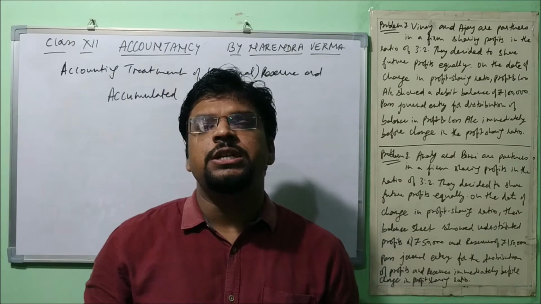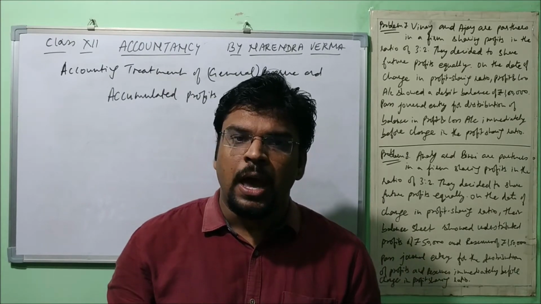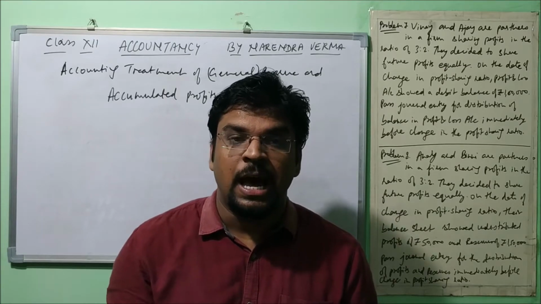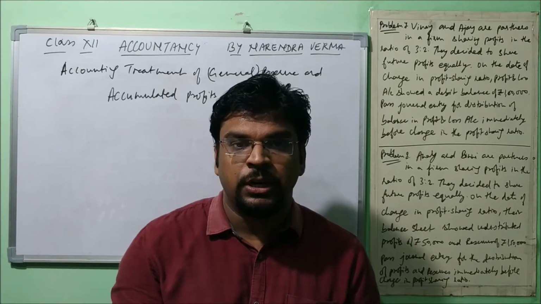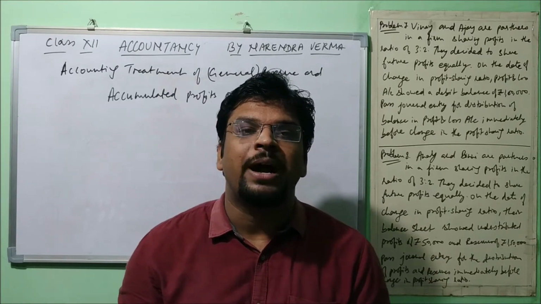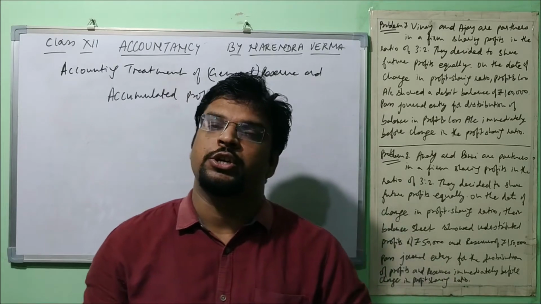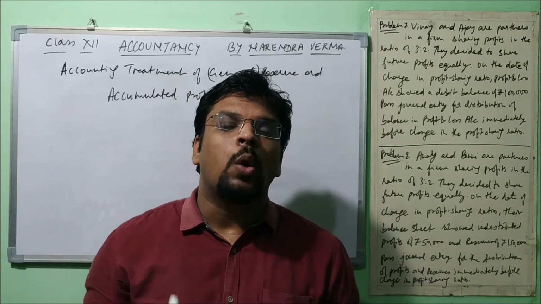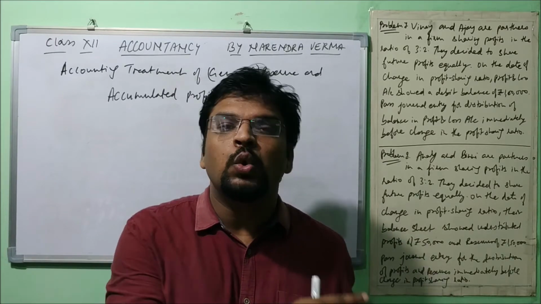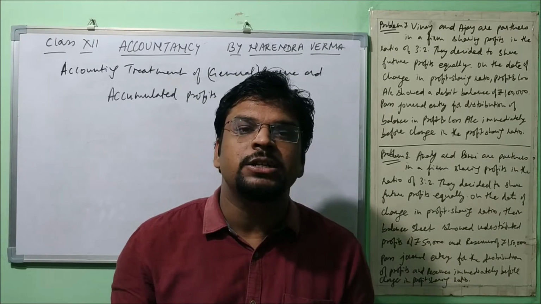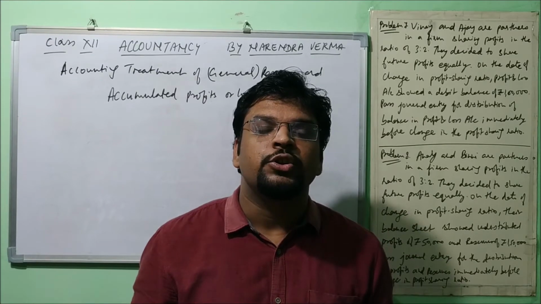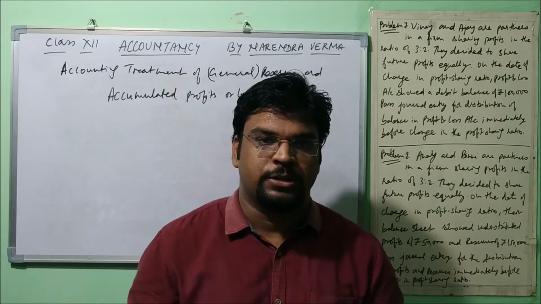On the date of change in profit sharing ratio, as many reserves and accumulated profits or losses as there are in the balance sheet need to be shared among the partners in the old profit sharing ratio. Why? Because all the partners have earned these profits in their old profit sharing ratio. So they have a right on these balances in the similar ratio, so that there should be fair treatment with all the partners. All right.